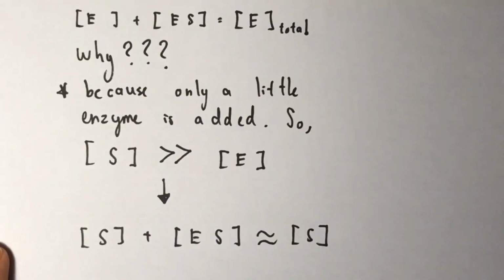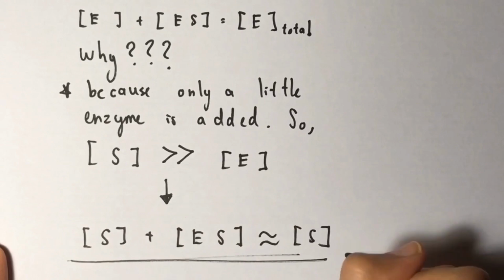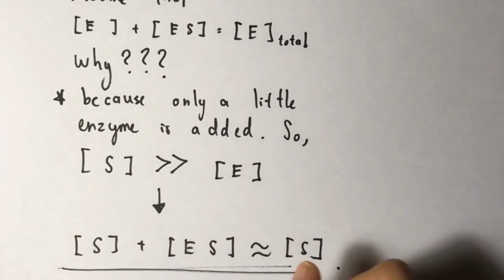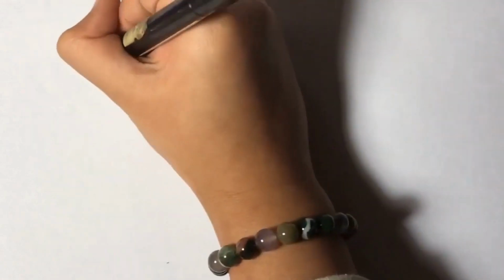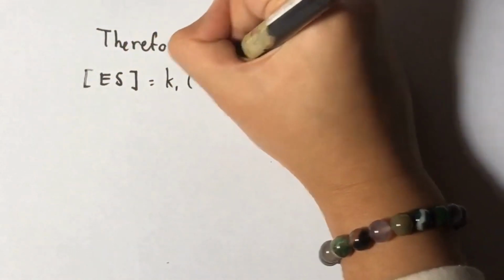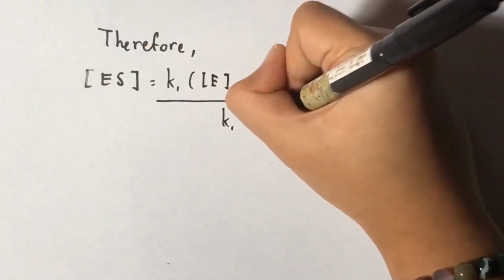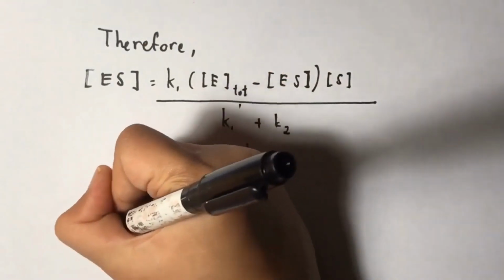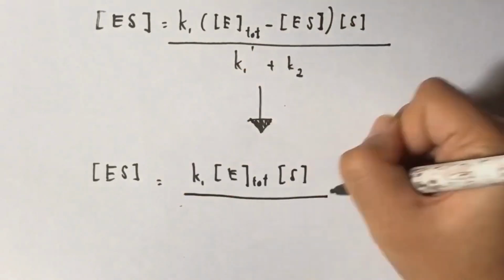The concentration of substrate minus the concentration of enzyme-substrate complex is approximately equal to the concentration of substrate. Therefore, when you consider the previous assumption, this is the expression you are going to get, and when simplified and rearranged, this is the expression you are going to get.